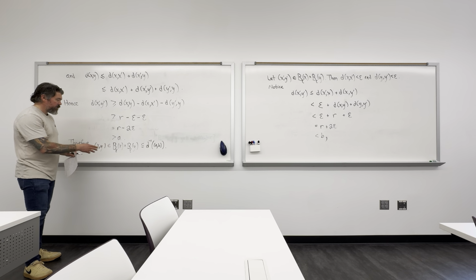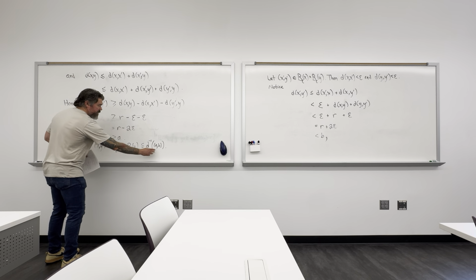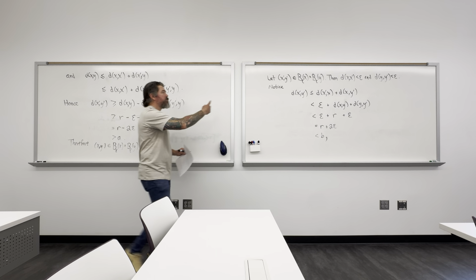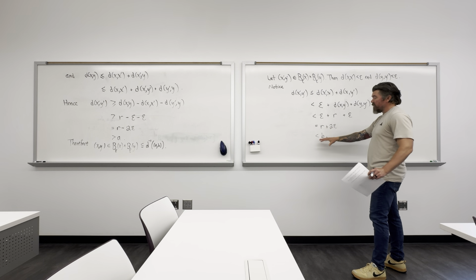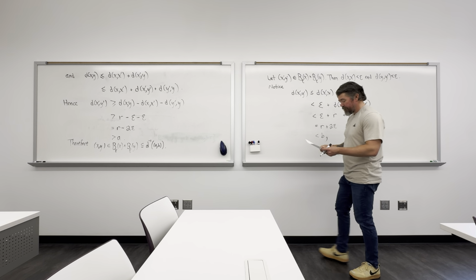So we've argued that this fully sits inside of there because we took a generic element and argued that the distance was between a and b.